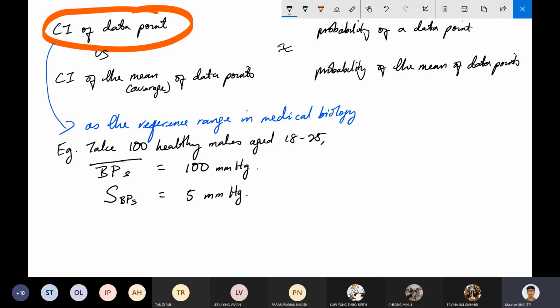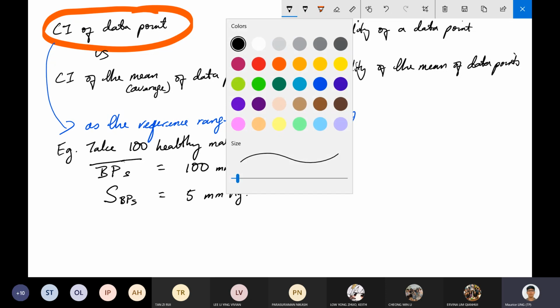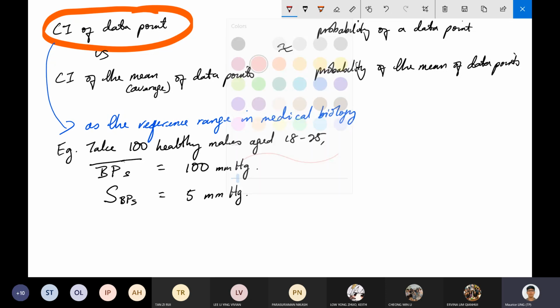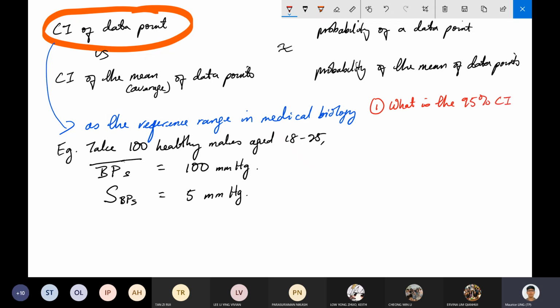Okay, I can ask you two different things. I can ask you two different questions. So let me just use a different color. I can ask you one question, which is, what is the 95% confidence interval of blood pressure?